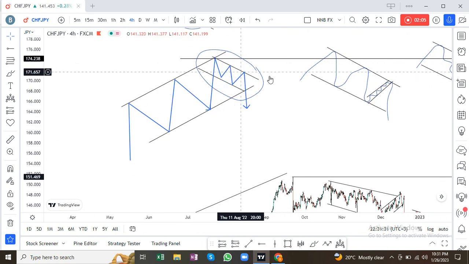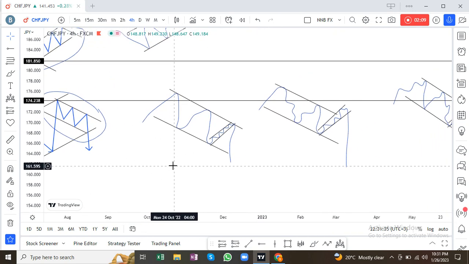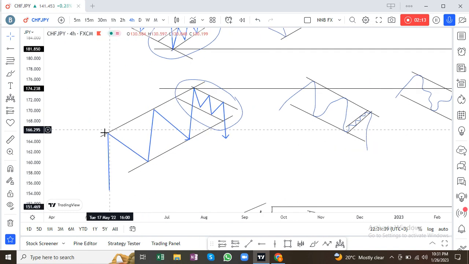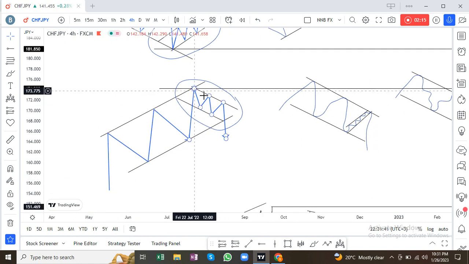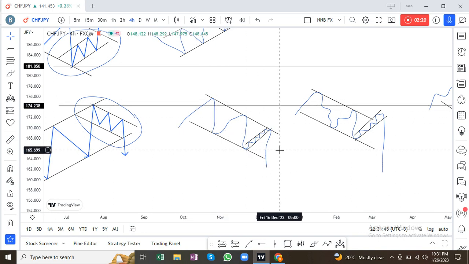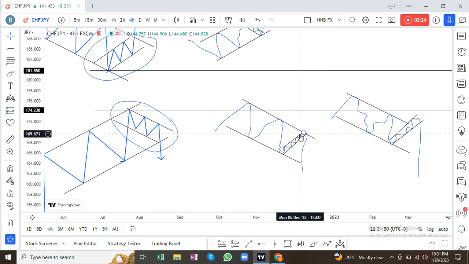So on this part here, as you can see, this last part, the market will come and touch the structure three times, one, two, and three, and then it will start moving down correctively. And then on the last part, the market will start moving up correctively.